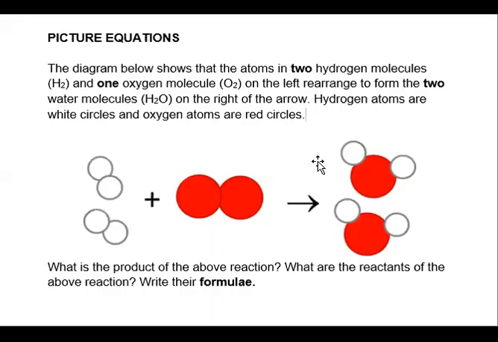On the left-hand side, the atoms rearrange to form the 2 water molecules, H2O, on the right side of the arrow. Hydrogen atoms are white circles and oxygen atoms are red circles, just so you guys remember. Okay, what is the product of the above reaction? Tell me in the chat. The product is what you get in the end, and write it for me as a chemical formula, not in words.